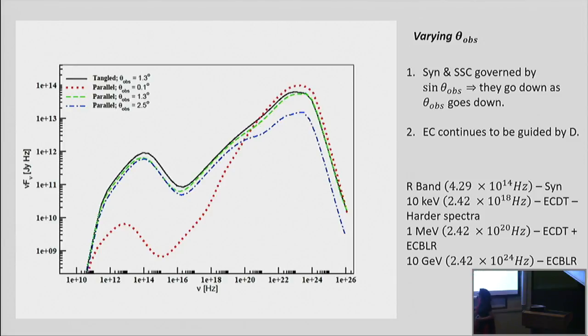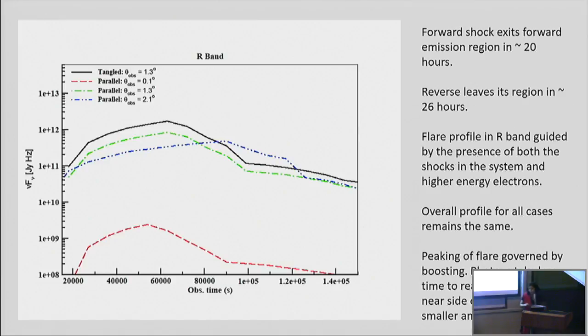So for example, now which is located around, is now actually coming from a different component. The overall profile remains the same.